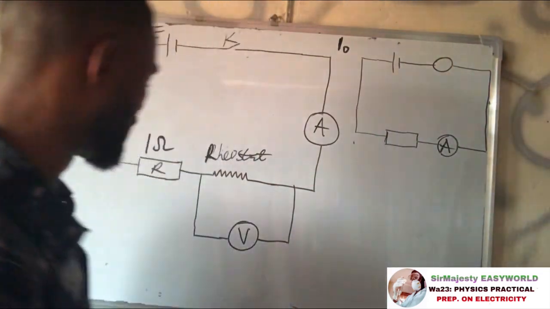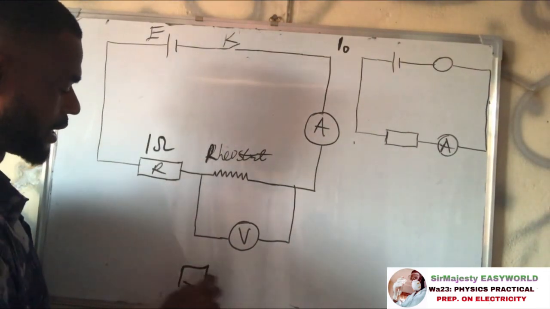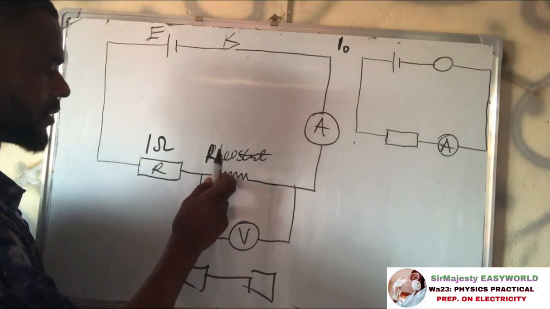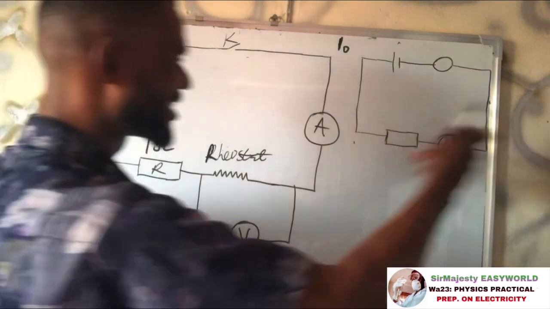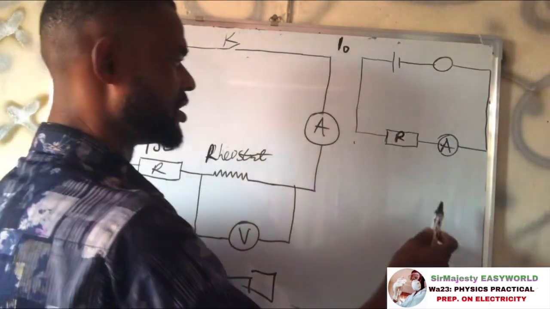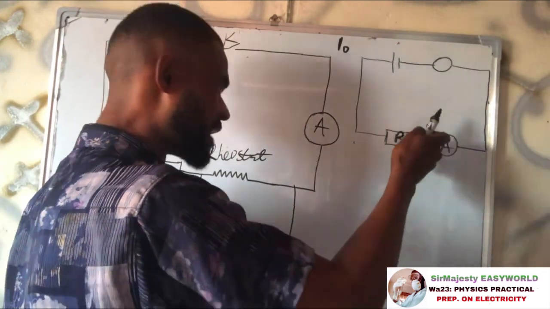The series connection is end to end, in the same line. So this rheostat, the question says I should connect in series with the resistor, which is here. Which means I will connect that rheostat end to end, from this end to this end.